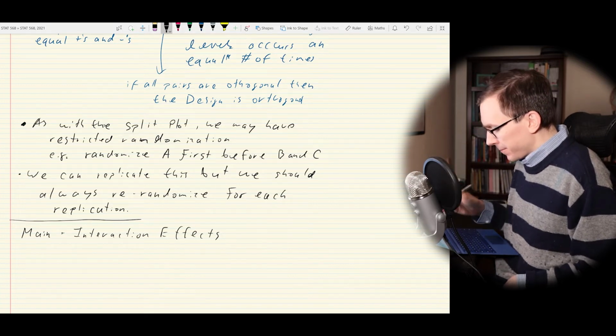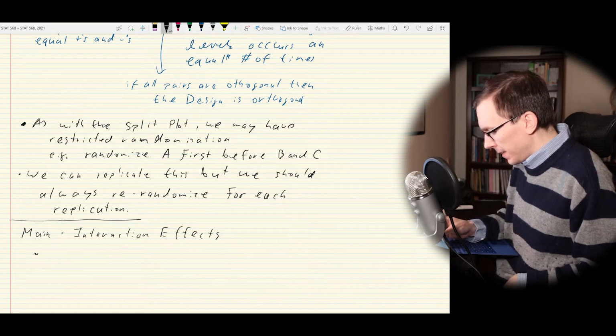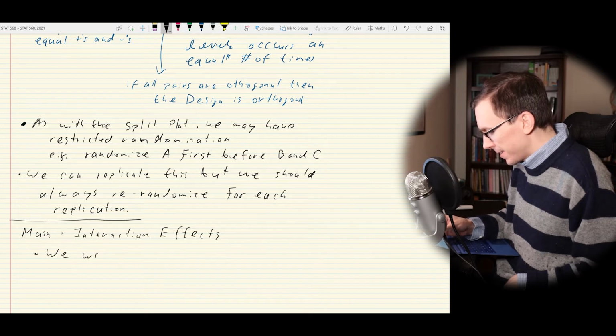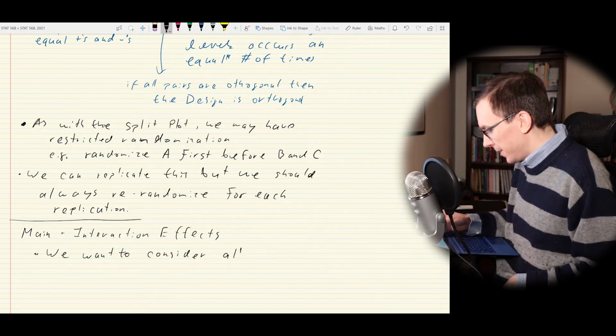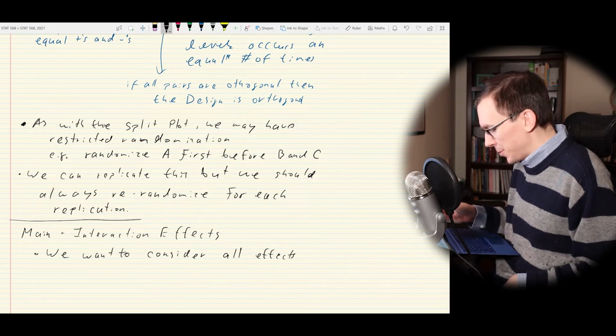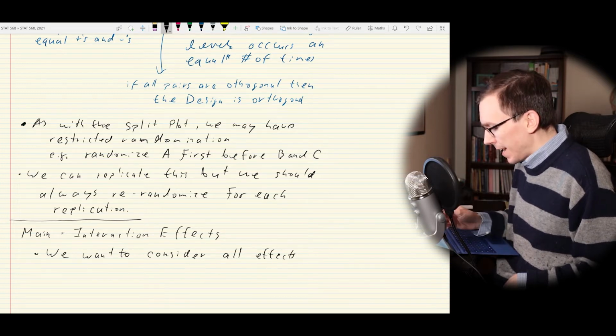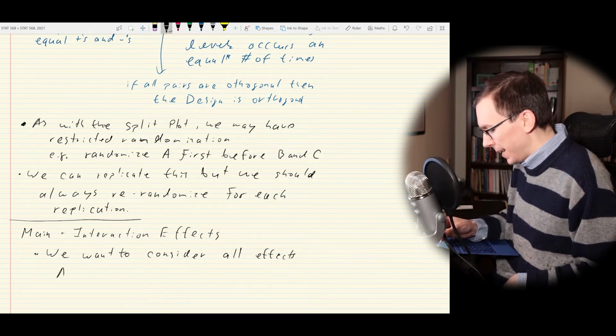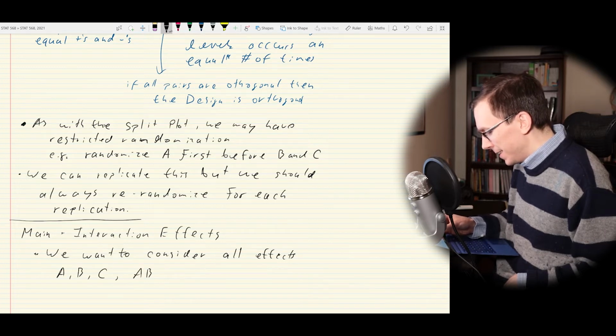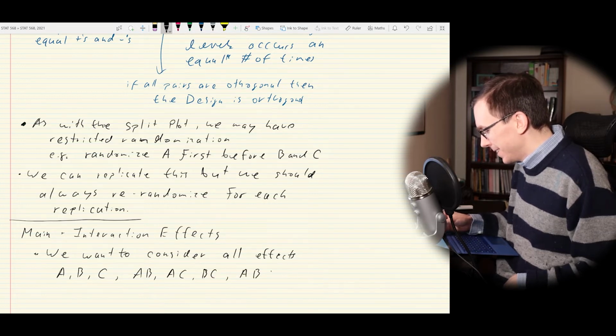So the goal is we want to consider all effects, which would be the main and the interactions, and that would be, for example, A, B, and C, as well as AB, AC, and BC, and the three-way term ABC.